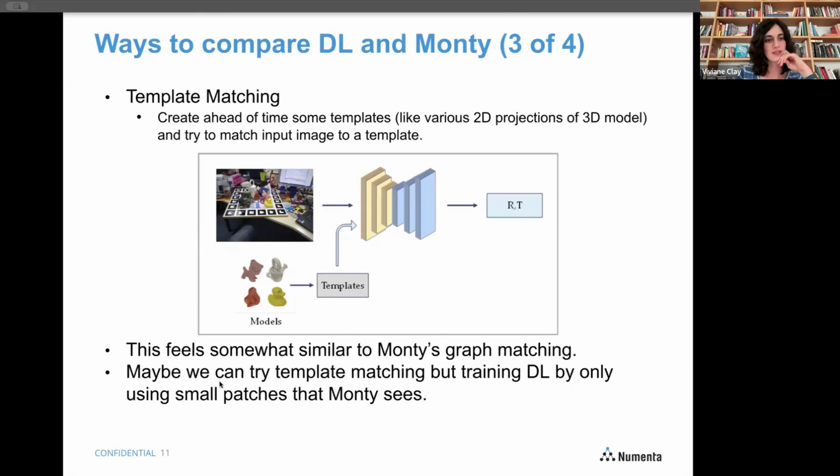In the sense that we show the object in a couple of different poses and then we recognize it in any pose? I think in the sense that when we see a single patch and we later try to construct the object, we need to match the pose of the object in memory. I mean, the object in memory doesn't really have a pose.